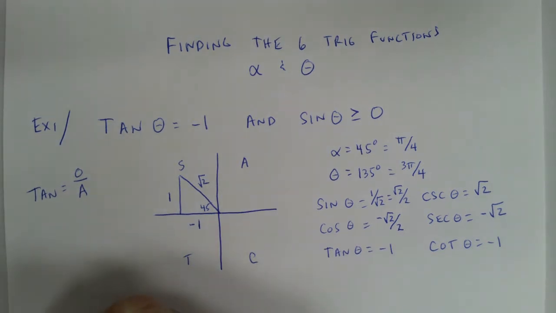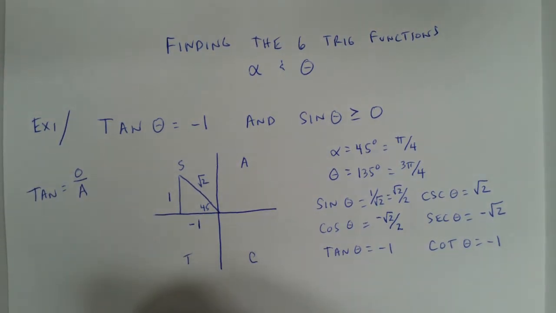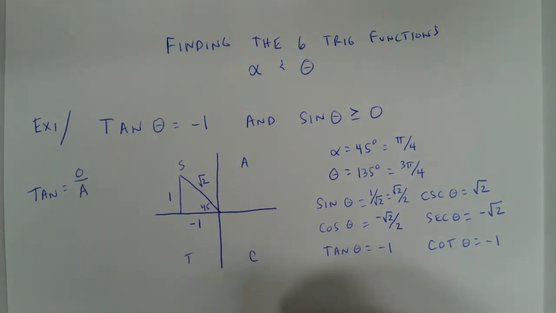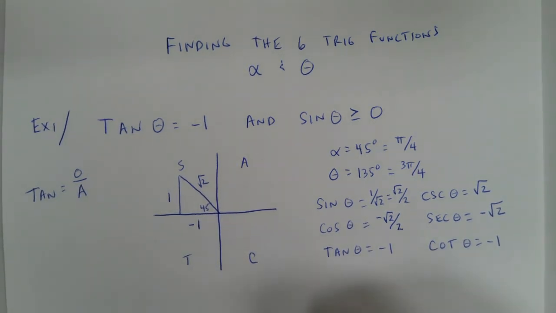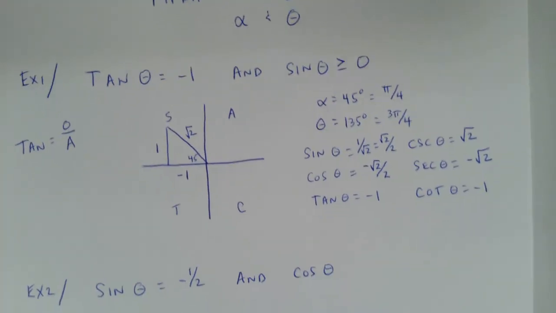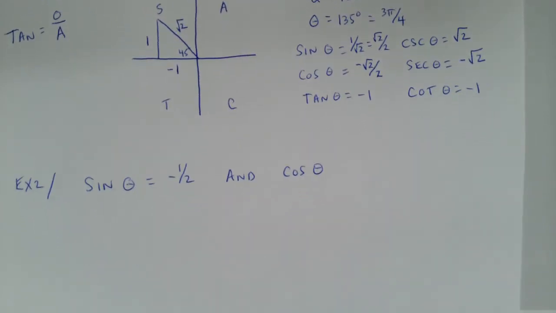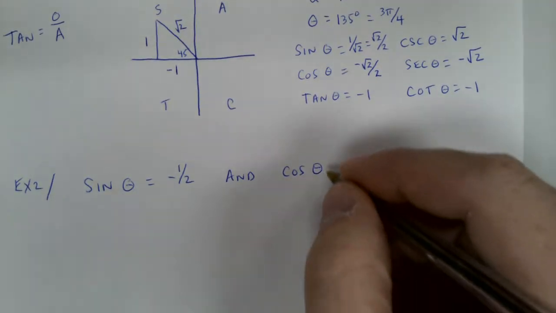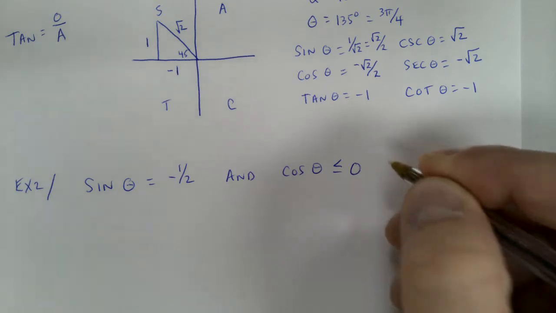Okay, let's try another one. Let's say they tell us that the sine of theta is equal to negative 1/2, and cosine theta is less than or equal to 0.